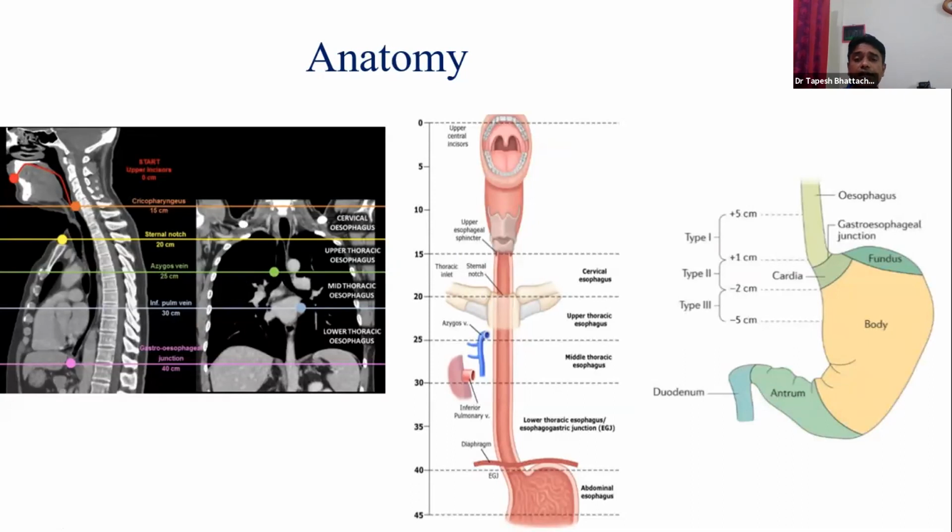If we divide the G-junction tumors, we all know the Siewert classification. Siewert 1 is when the epicenter of the tumor is located 1 to 5 centimeters above the G-junction, Siewert 2 is 1 centimeter above to 2 centimeters below it, and type 3 is below that. Type 3 actually behaves more like a gastric cancer.